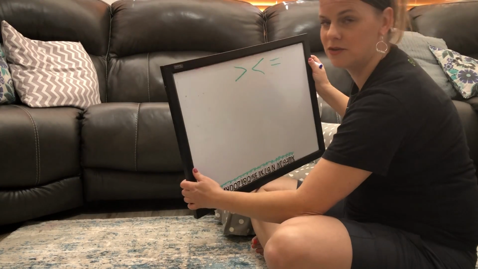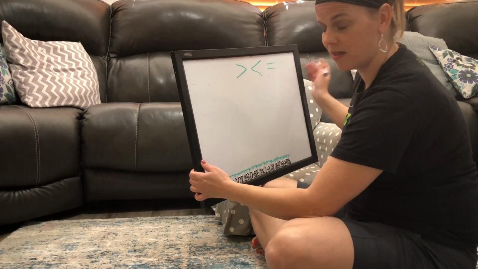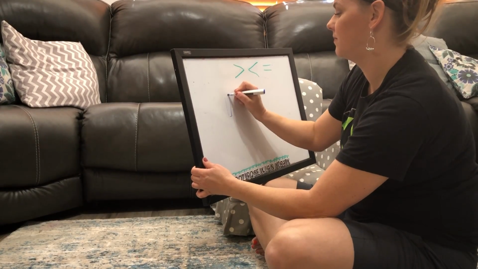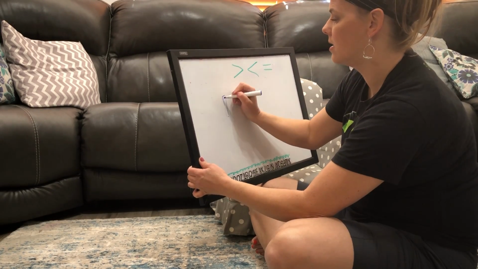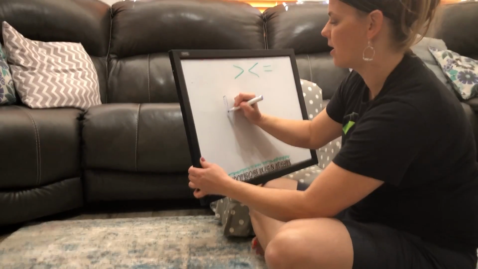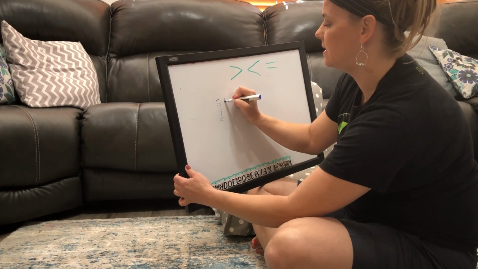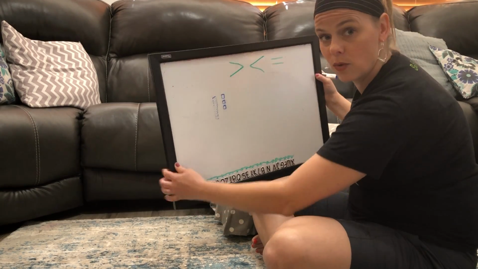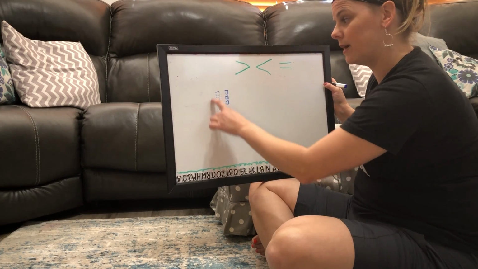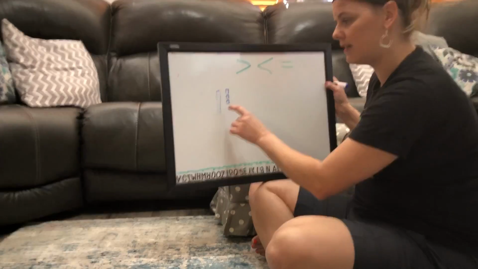Now we're going to do base 10 blocks, okay? So I'm going to do a bar, and this has 10 on the bar, okay? These single squares, remember our little blocks in class, are just worth 1. So this big bar is worth 10, and these are worth 1.